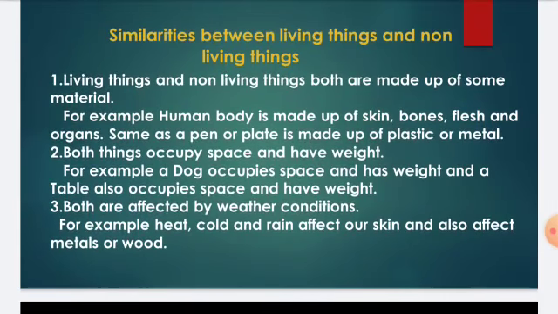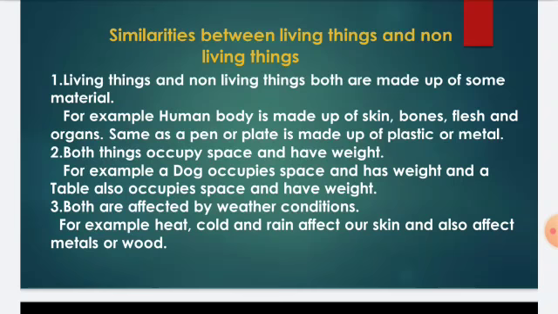There are some similarities between living things and non-living things. Number one, they both are made up of materials. Like a human being is made up of lots of things like skin, bones, flesh, etc. In the same way, a non-living pen is made of plastic or metal.